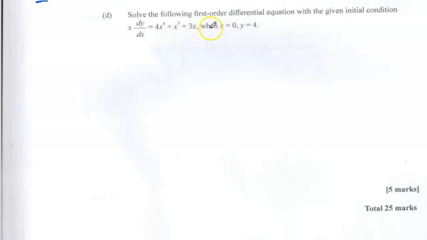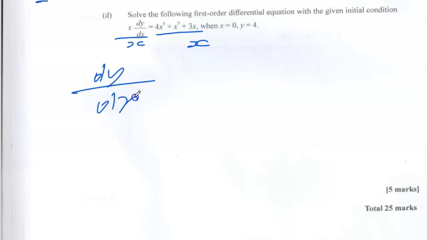Alright, to solve differential equations, we need to find y. To get dy by dx by itself, we can divide both sides by x. Divide the left hand side by x, cancel x, we're left with dy by dx.